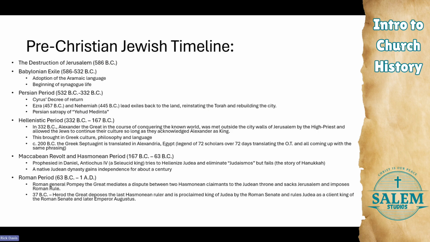And he is met outside the walls of Jerusalem by the high priest of the Jews, who comes bringing tribute and offering, not religious offering, but sort of political homage. And the priest tells Alexander who they are and what they're doing, and about this ancient sanctuary that they had.